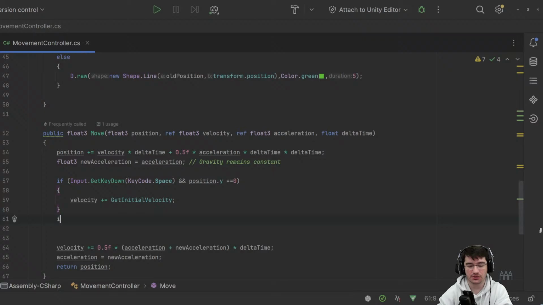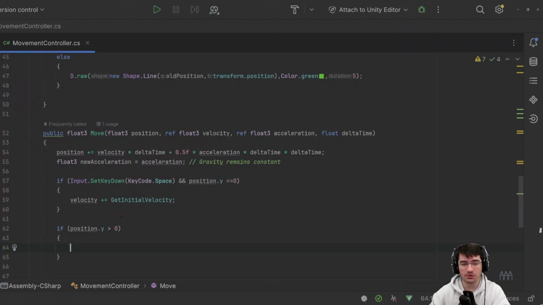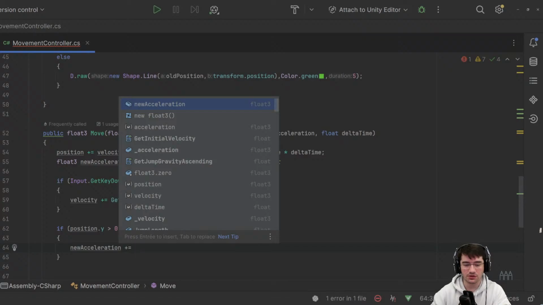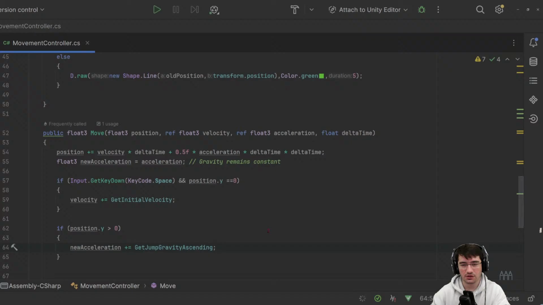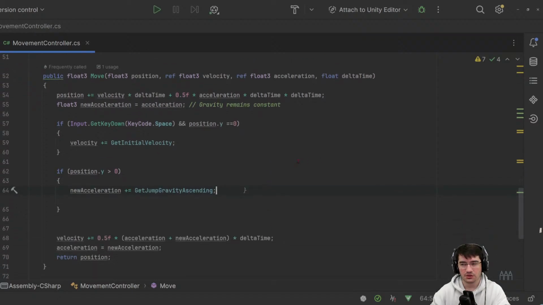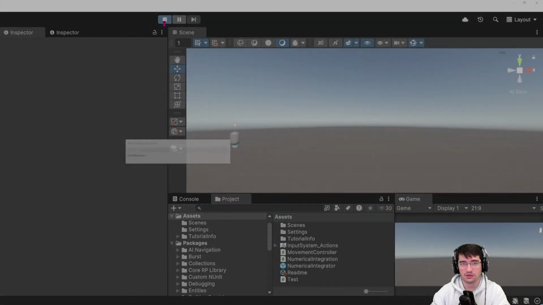Okay, and if my y position is above 0, that means I'm airborne, so I'm jumping, and in that case I need to add to my acceleration the GetJumpGravityAscending. Let's see what happens in that case.